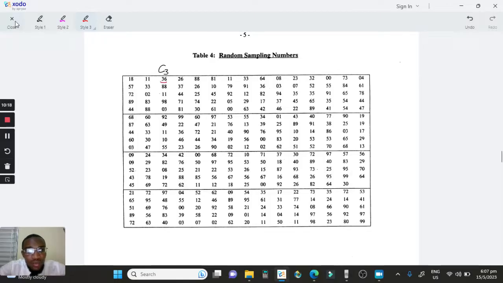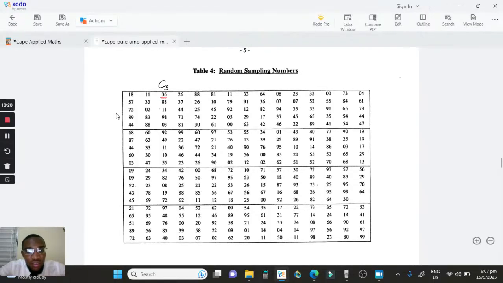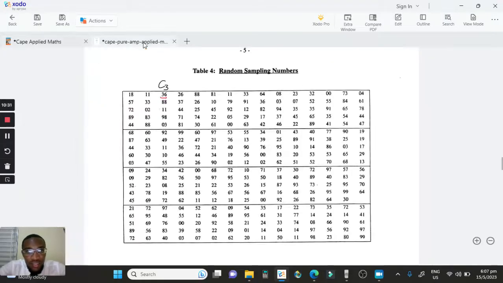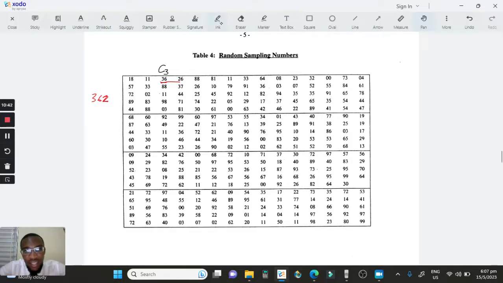After starting with that 36, remember we're using 3 digits. Back at the paper, and remember it says we move along from left to right. So our first number selected is 362. That's the first number. Remember, you go by 3 digits.